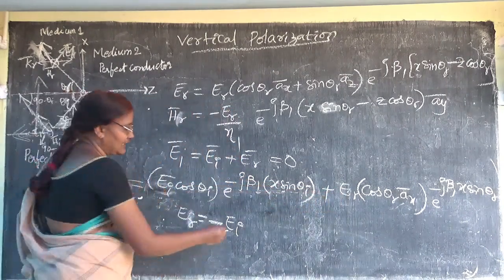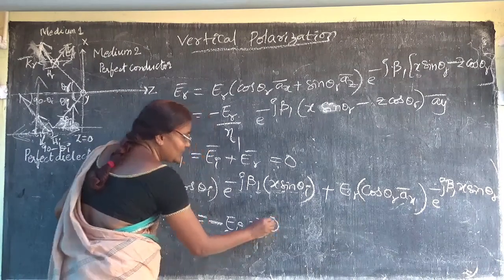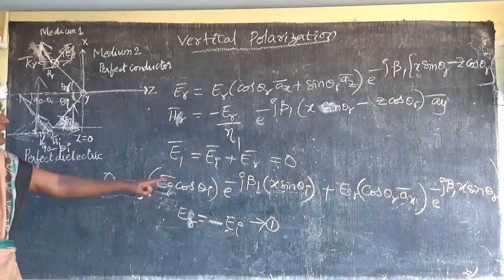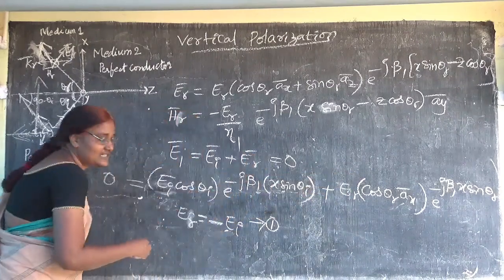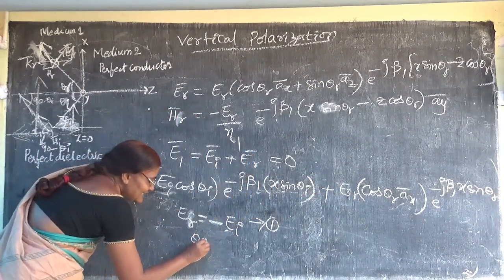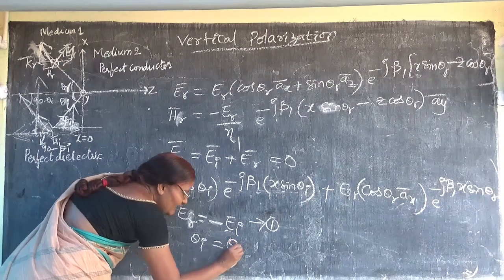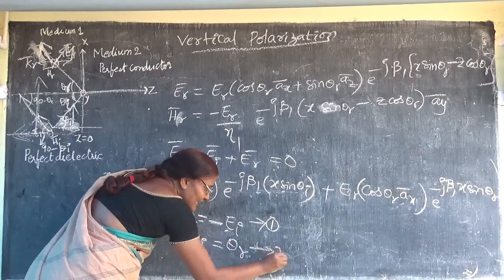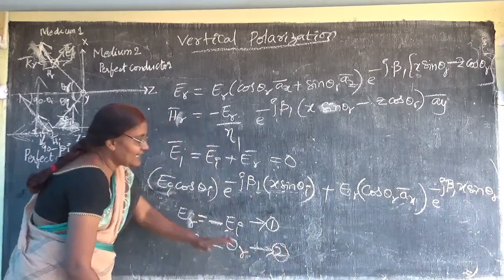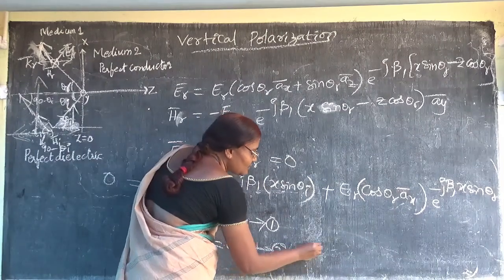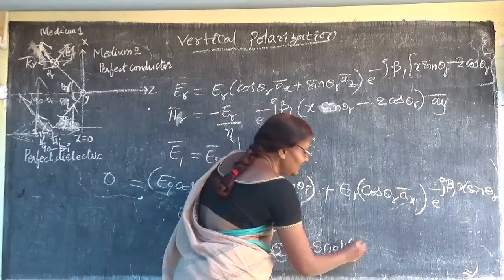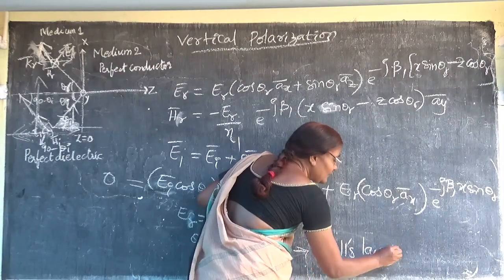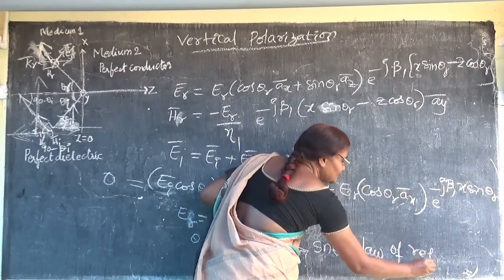That is the first condition. Next, what is the second condition? Your theta I must be equal to theta r. That is the second condition. So the incident angle must be equal to the reflected angle. This second condition is called Snell's law of reflection.